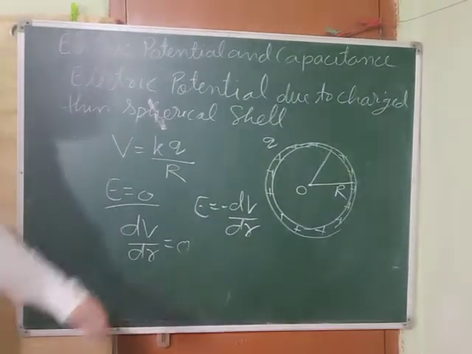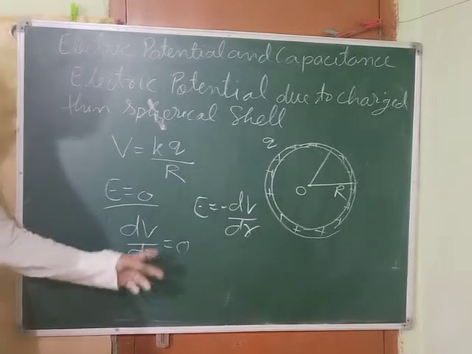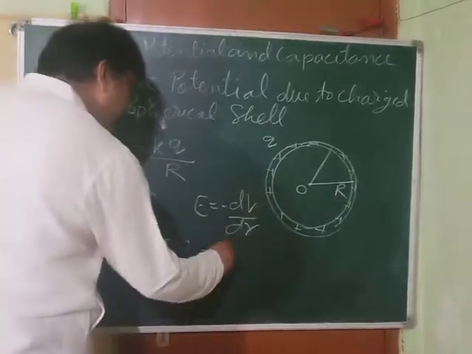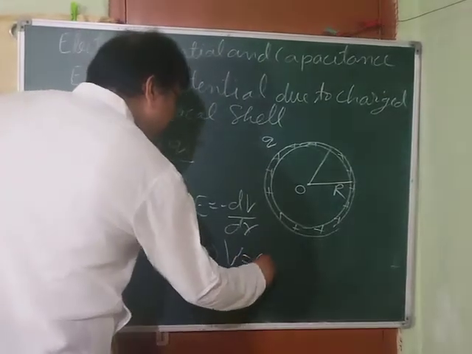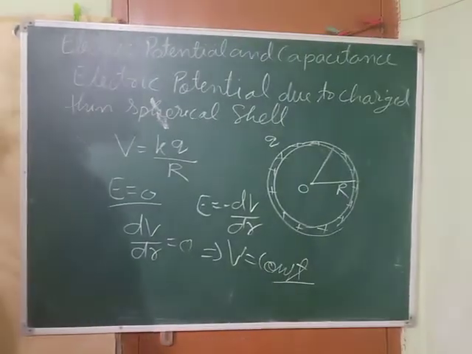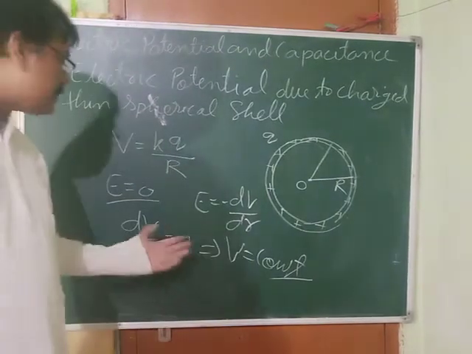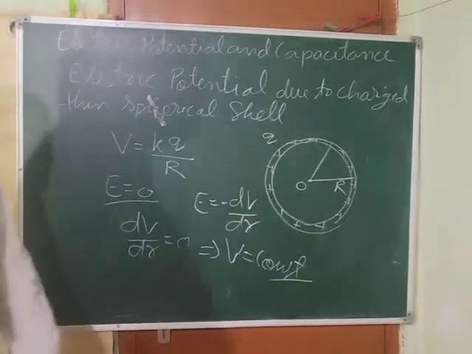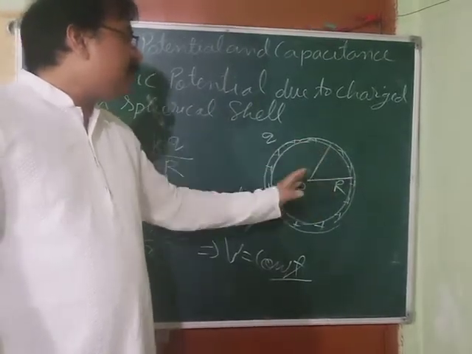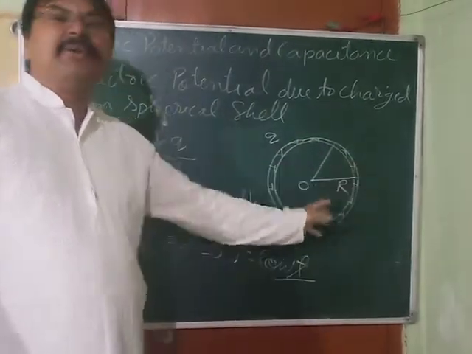When dV by dr is 0, you know differentiation of anything is 0 when that thing is constant. That means V is constant with R, that is distance. And where it is constant? Wherever the electric field is 0. So electric field is 0 inside. So inside, with the distance from the center, the potential is constant.